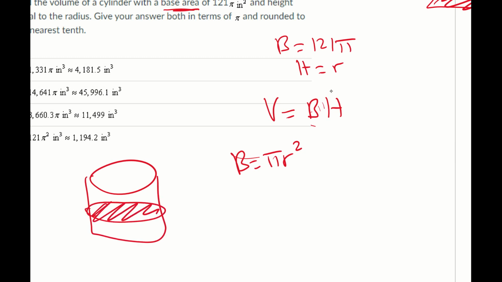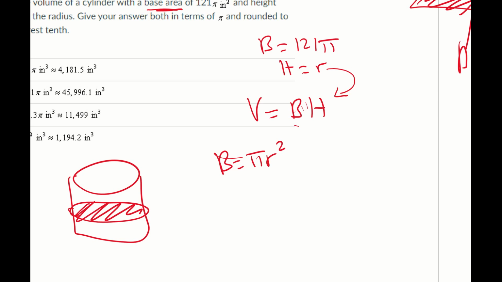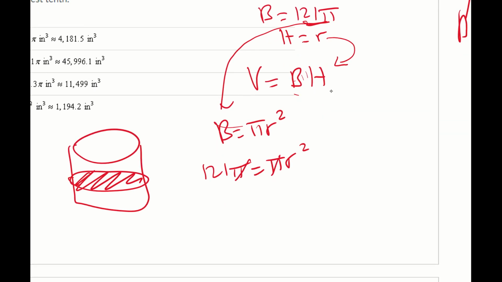We know that the height is equal to the radius, and so we can plug in r for that. However, we need to know the radius, and so we're going to plug the 121 pi into B. So 121 pi equals pi r squared, and the pi's cancel, leaving us with 121 equals the radius squared. Take the square root, and so the radius is 11.